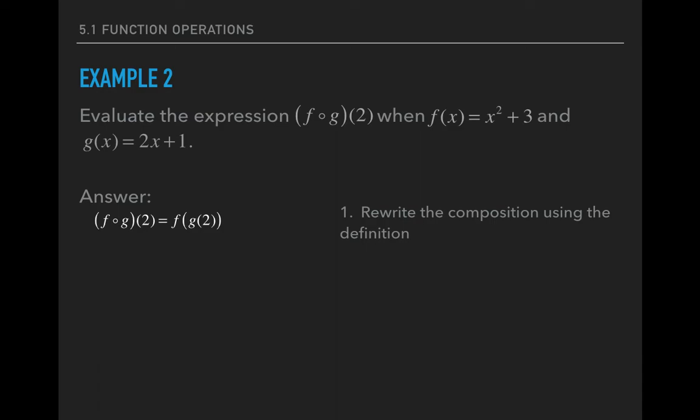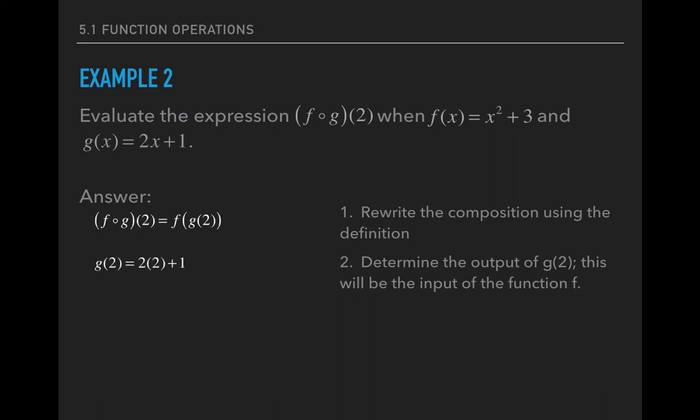F of g at 2 could be rewritten as the function f of g at 2. So we have to start kind of like in that inside part. We need to figure out what is g at 2. What would be the output of our g function at x equaling 2? And that's going to be the input for f. So g at 2, that would be 2 times 2 plus 1, which is 5.